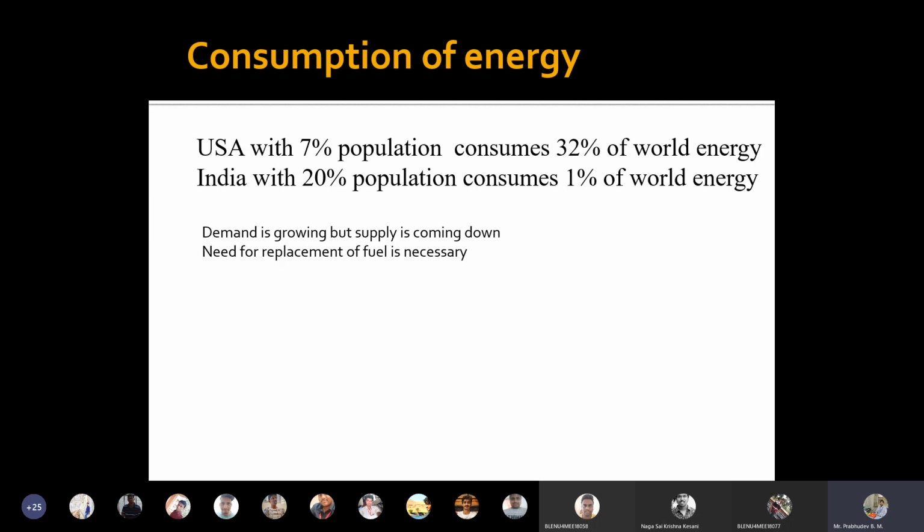There is a calculation, like if we are using 500 into 10 power 18 joules of energy every year, then within 86 years, the atmosphere carbon dioxide content will get doubled. This is actually a serious effect on nature.